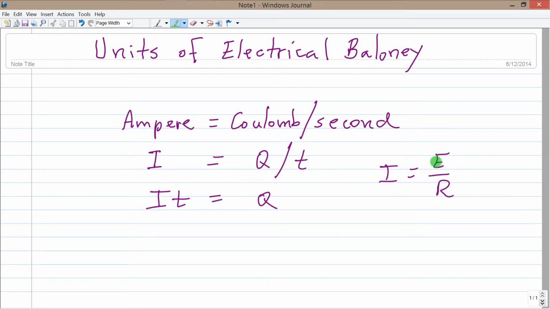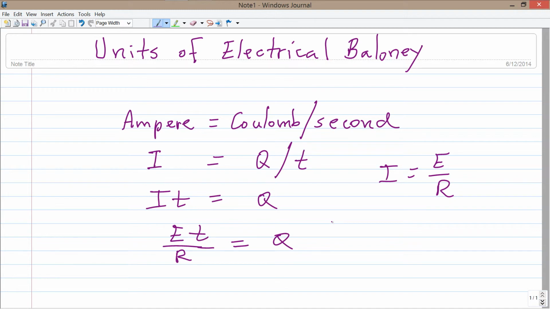Well, let's substitute E over R for I in this equation over here. Now we get E over R times T equals Q. So we can say now that a coulomb equals a volt second per ohm. What?